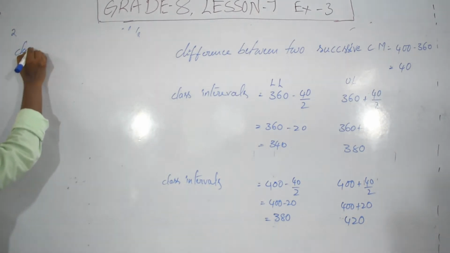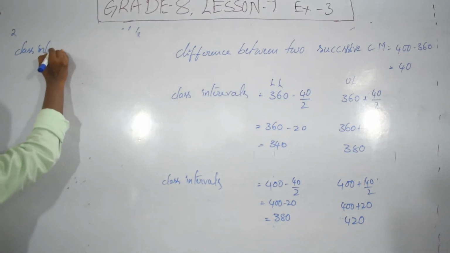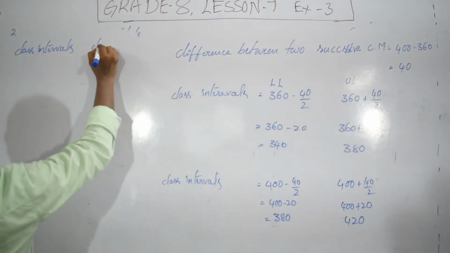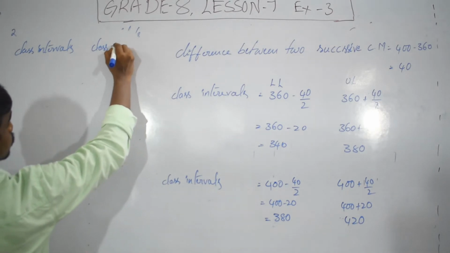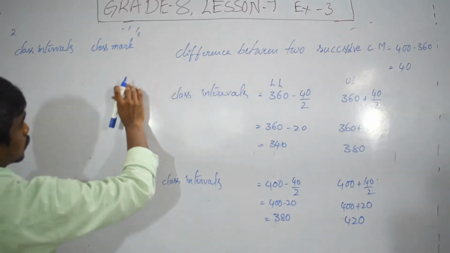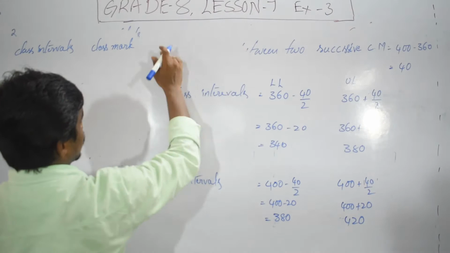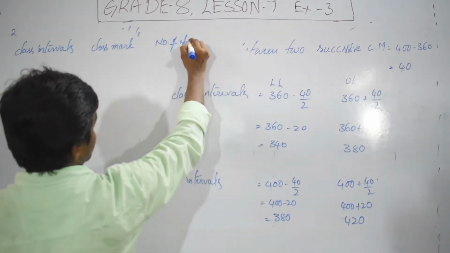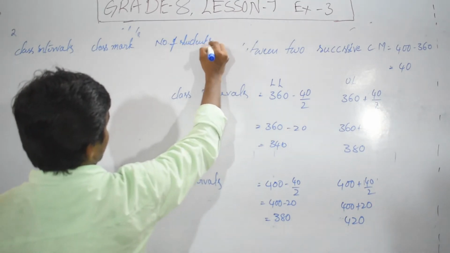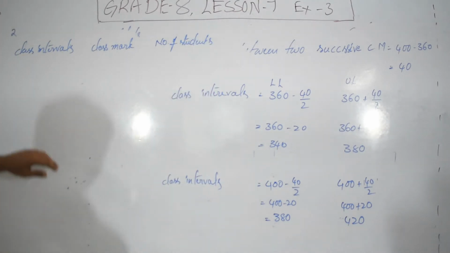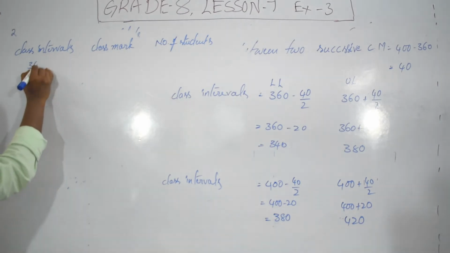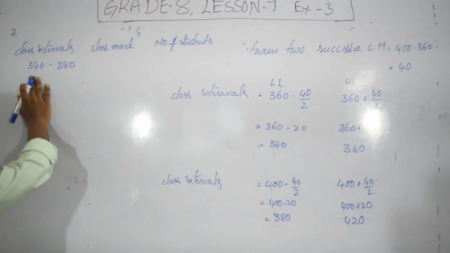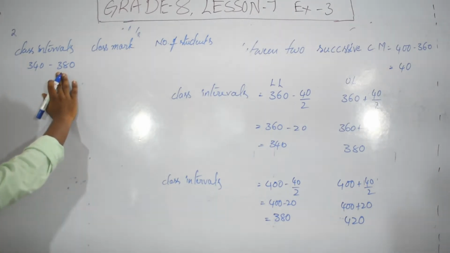Class intervals, class mark. Next frequency, number of students. Here see, first class interval, lower limit 340, upper limit 380.